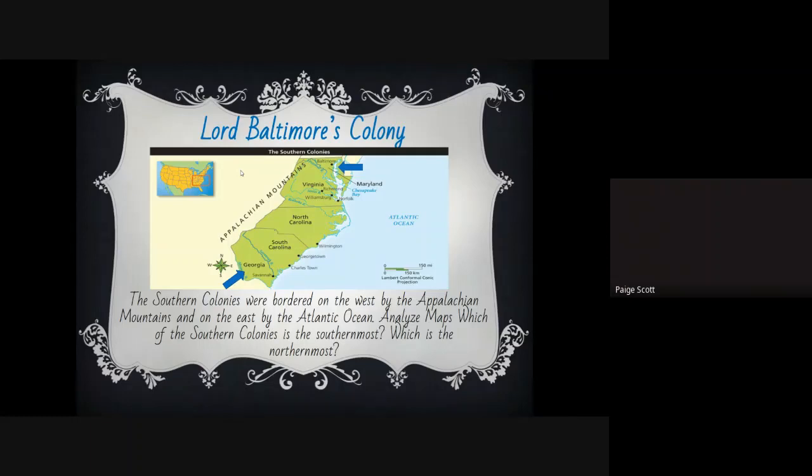You guys look at the picture, you will see that there are 2 blue arrows. So the southernmost arrow is pointing towards Georgia, therefore meaning that Georgia was the southernmost colony. Then the northernmost arrow is pointing towards Maryland, the northernmost colony.